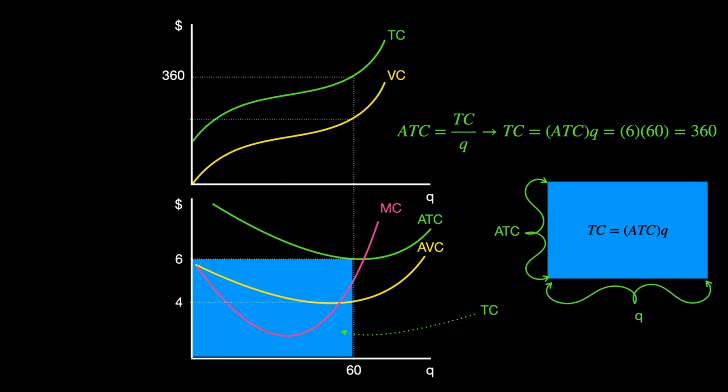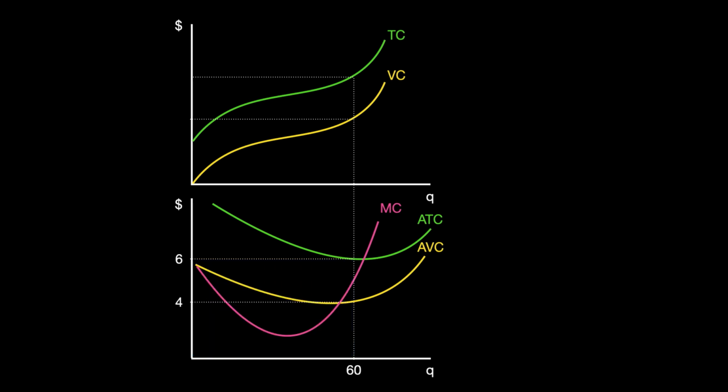Here, the height of the rectangle is equal to average total cost, or 6, and the base is equal to Q, or 60. So when you multiply the height times the base, you're actually multiplying average total cost times Q, which is total cost. We can plot this value of 360 for total cost on the top graph.